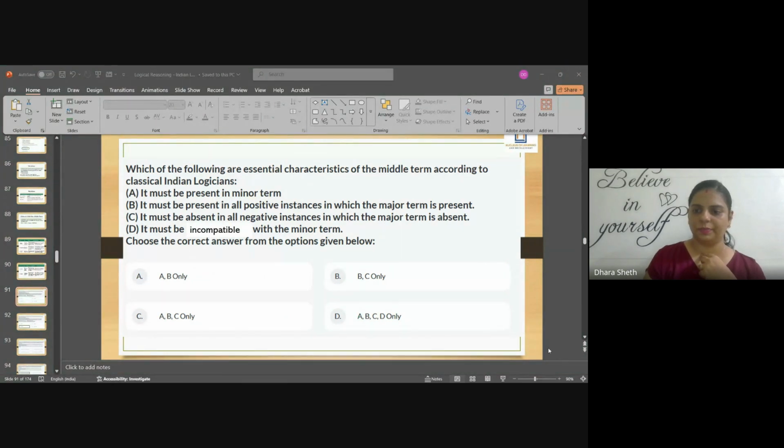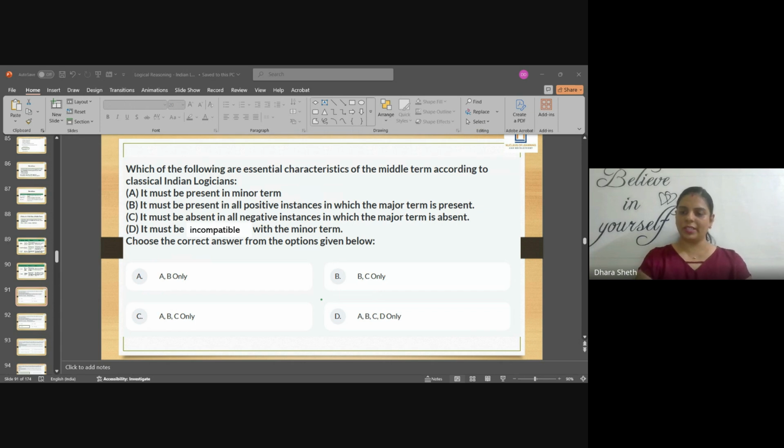So what's the answer? Okay. So see, if the middle term or the reason is incompatible with the paksha, the hill should have fire because it has smoke. There is no smoke on the hill. The hill is the minor term.